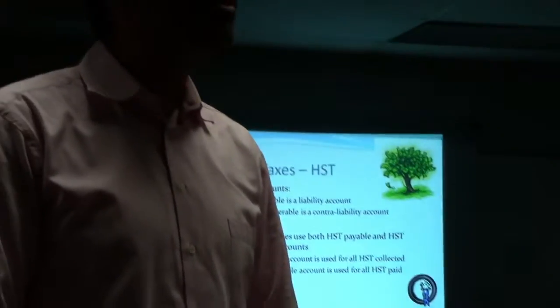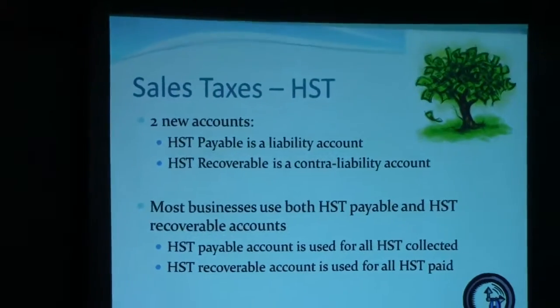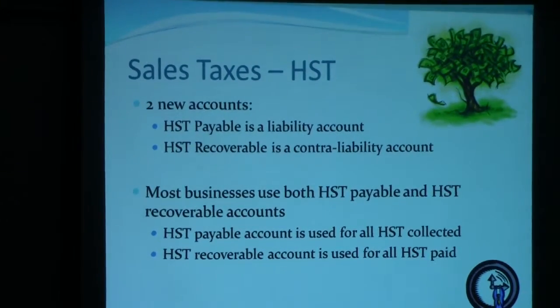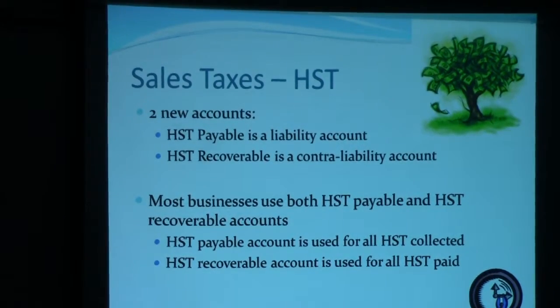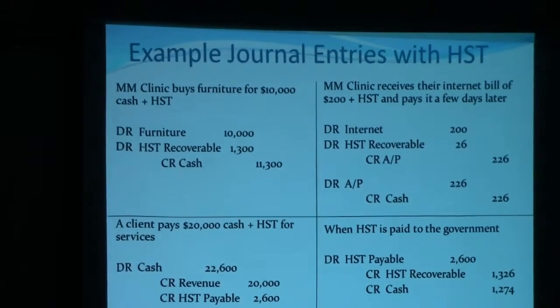However, if it's on the other side, which means if it's a debit rather than a credit, it's a contra of that liability. So you can have contra liabilities and contra asset accounts, which we will talk about later in the course. You can see some example journal entries right here.